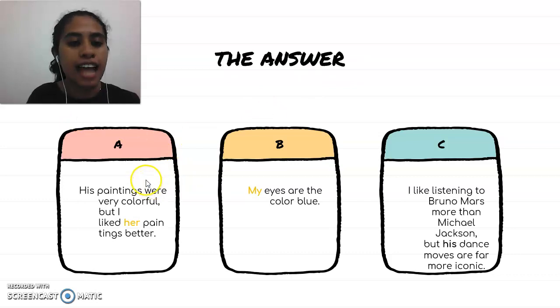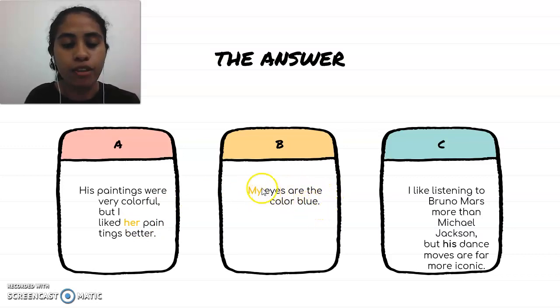So, the answer for point A, his paintings were very colorful, but I liked her paintings better: the possessive pronoun is her. Second, my eyes are the color blue.